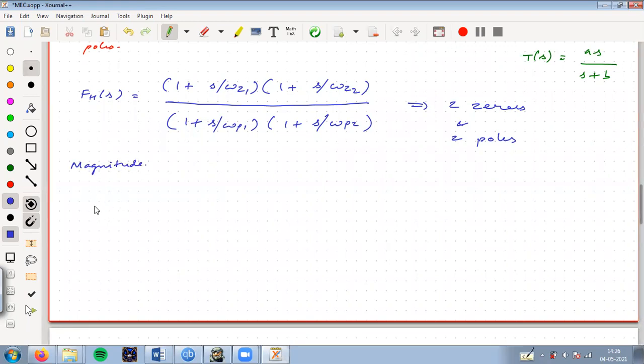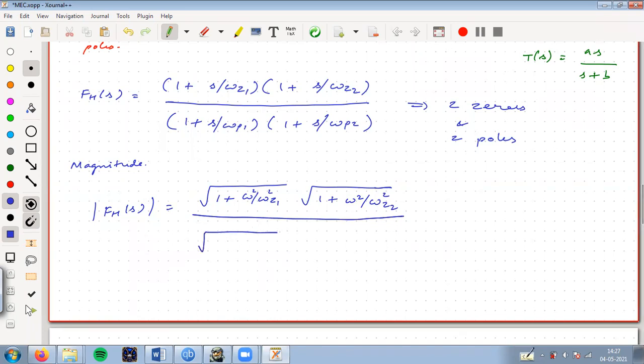Magnitude of fh of s. So mod of fh of s equals square root of 1 plus omega square by omega z1 square, into square root of 1 plus omega square divided by omega z2 square, divided by square root of 1 plus omega square by omega p1 square, 1 plus omega square divided by omega p2 square. This is the magnitude part.